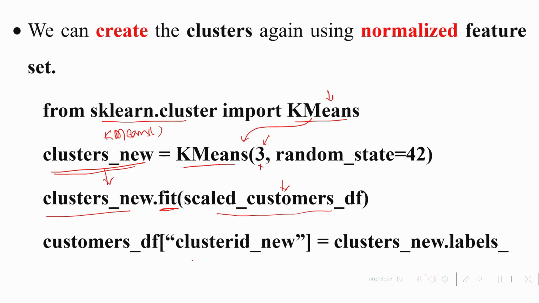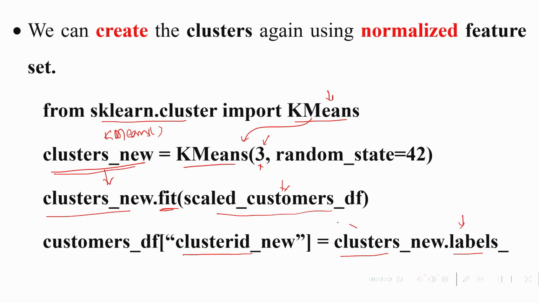We are going to create one more variable called cluster_id_new, which equals clusters_new.labels_. By applying the clustering method on our dataset, we get the output in the form of clusters_new.labels_.